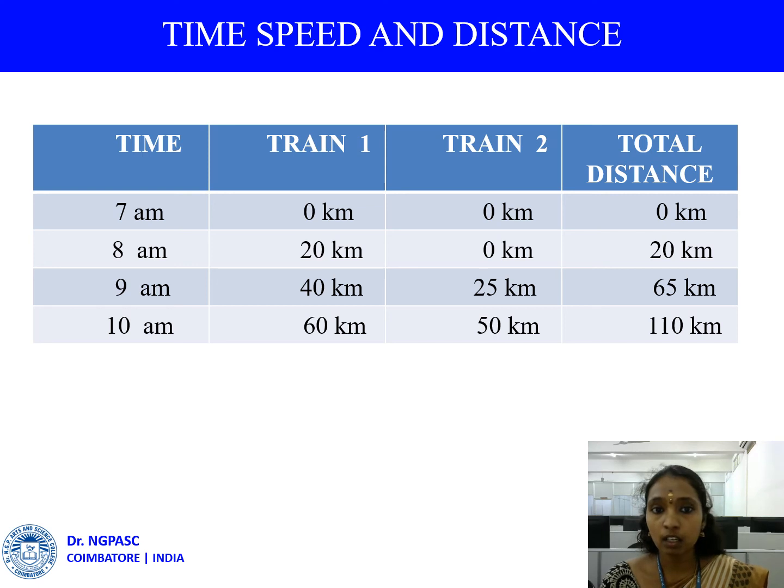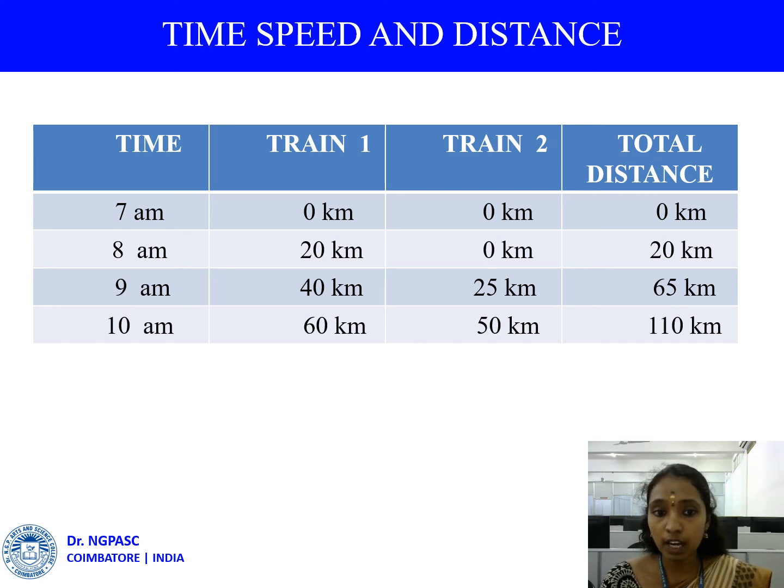From 8 a.m. to 9 a.m., train 1 traveled another 20 kilometers. So at 9 a.m. train 1 has covered 40 kilometers, and train 2 has covered 25 kilometers, so the total distance of train 1 and train 2 is 65 kilometers.